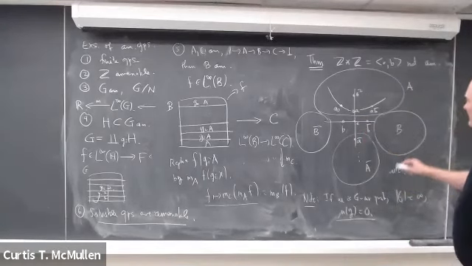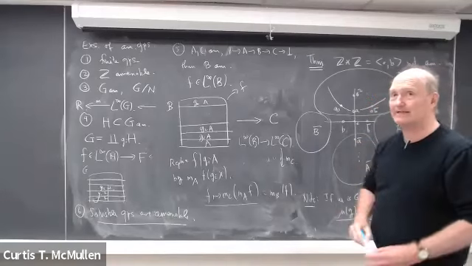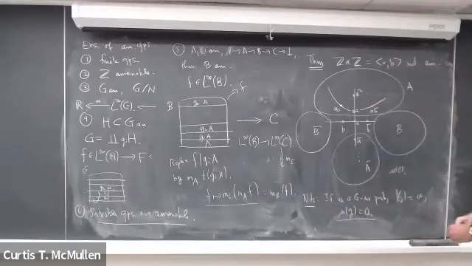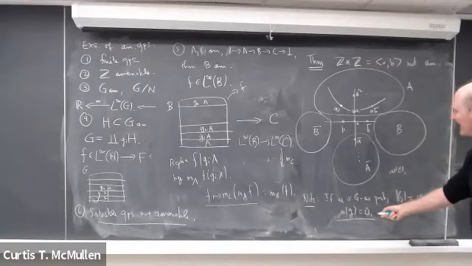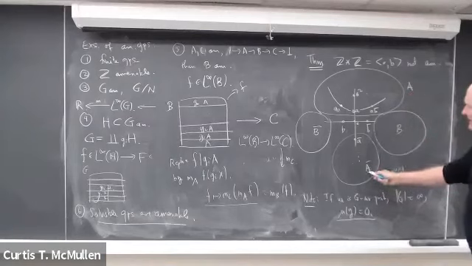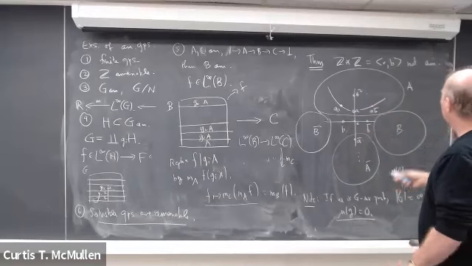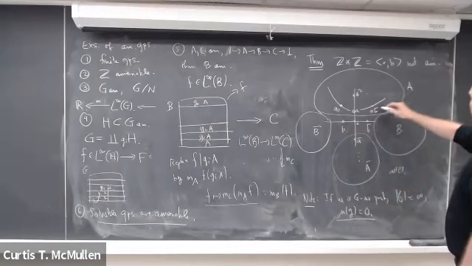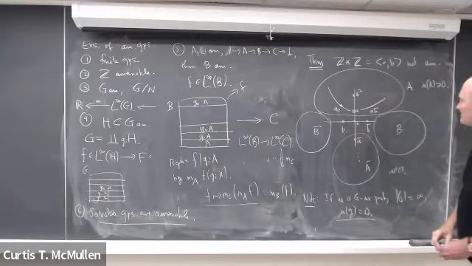But mu of the whole group is equal to 1. And here we've written the group as the union of 4 disjoint sets. And since the measure is finitely additive, the measure of one of these sets has to be positive. Otherwise, the measure of the whole group would be 0. So by changing our choice of generators, we can assume that the measure of A is positive.